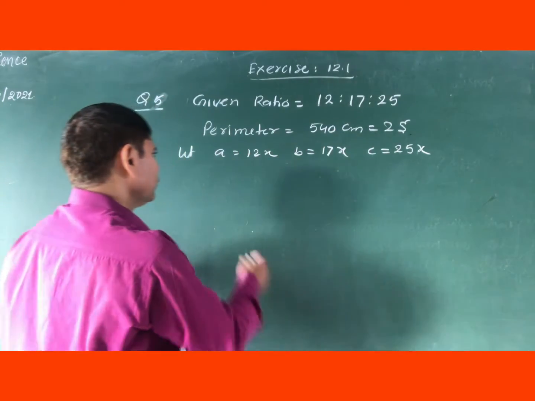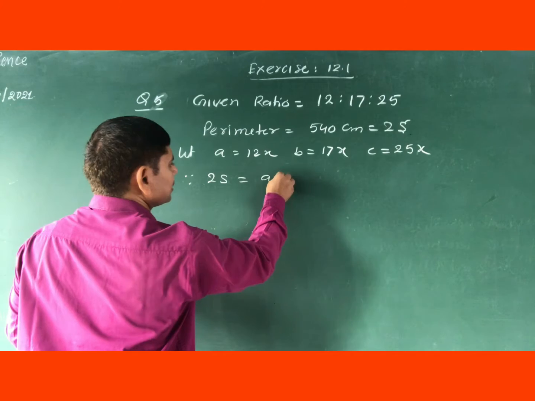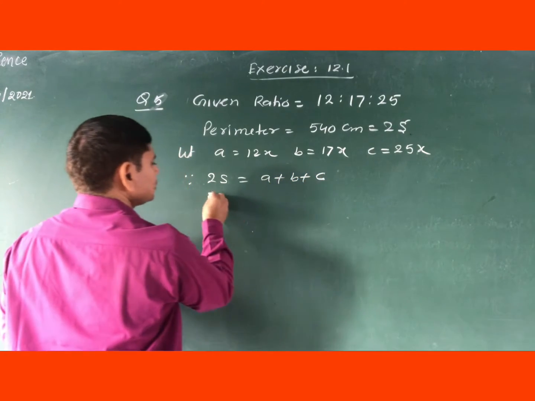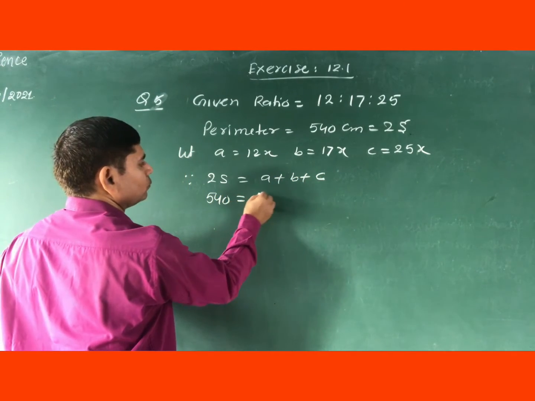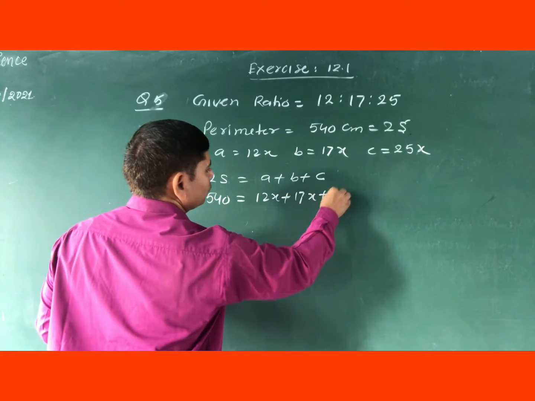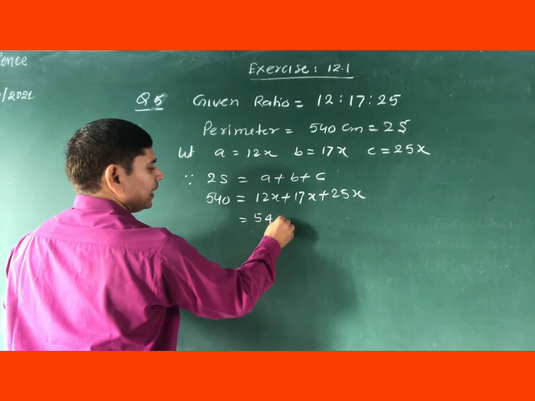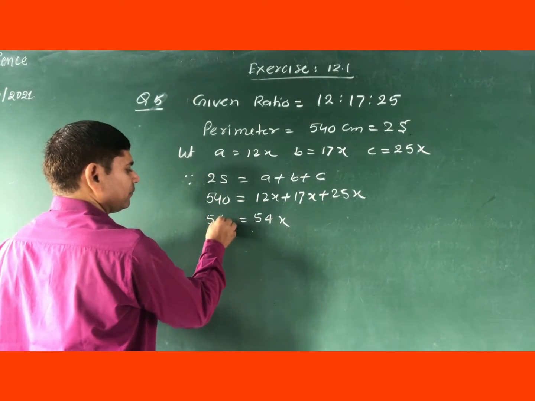So first of all you will write here, since 2s equal to a plus b plus c, that is 540 equal to 12x plus 17x plus 25x. So dear, this is 54x and this is 540.